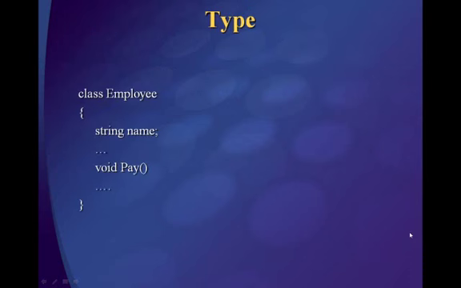The first concept to be understood is the difference between a type and an object. A type is a definition containing data and methods. An object refers to the memory allocated to a particular instance of that type. For example, looking at the employee class here, we see it's composed of data, for example, the string name, and behavior, which in this case is one method called pay.